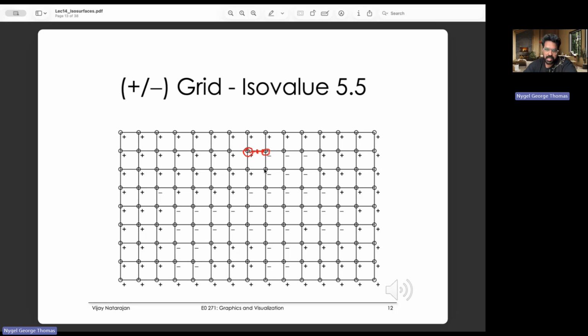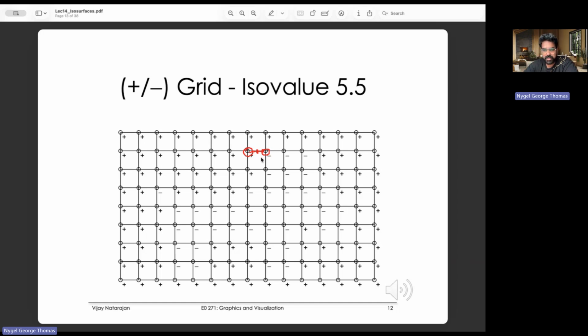Now what we do is we know that the ISO points are not going to lie on every grid. It is going to lie between wherever there is a change between a plus and a minus. So all these edges which join two vertices which have a change between a plus and a minus, the ISO lines are going to lie between them. First is we have to identify the ISO point.